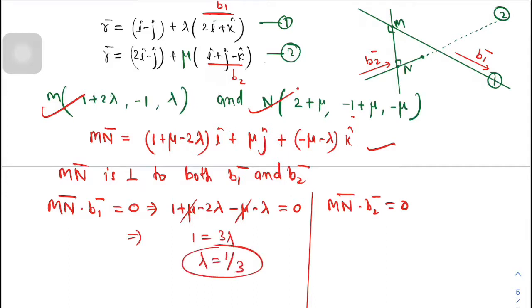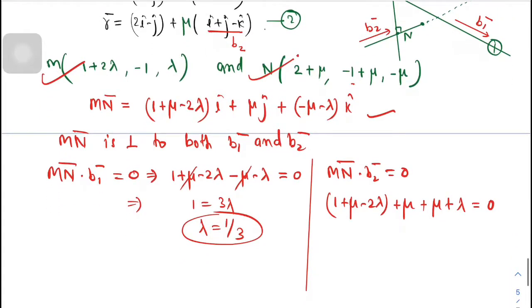Okay, if we are taking this dot product of mn with b2 vector, so we will get 1 plus mu minus 2 lambda plus mu, and minus of minus will be 1 plus mu plus lambda is equal to 0. So 3 mu is equal to lambda minus 1.